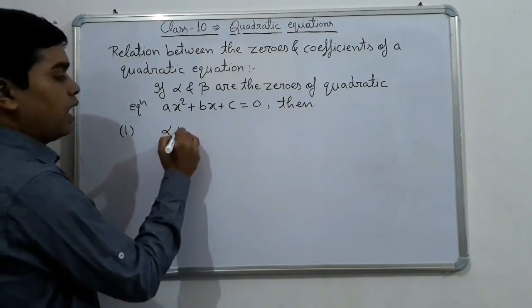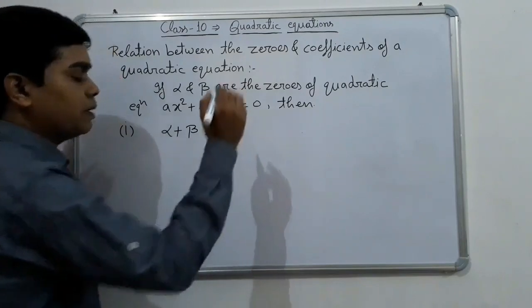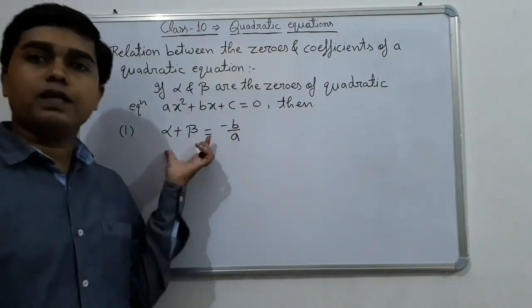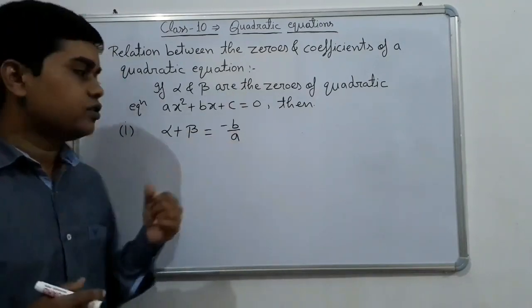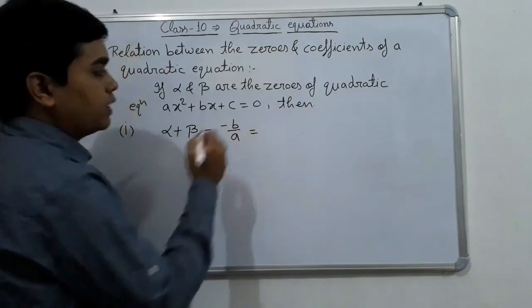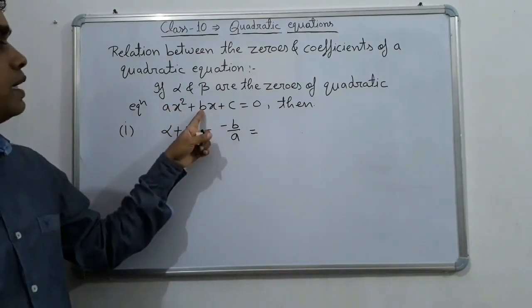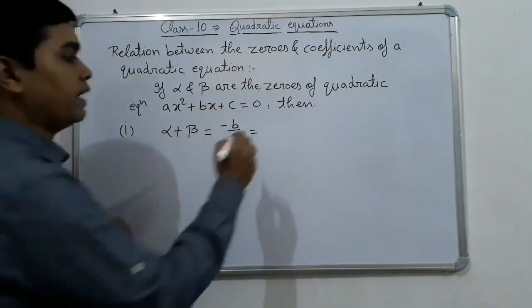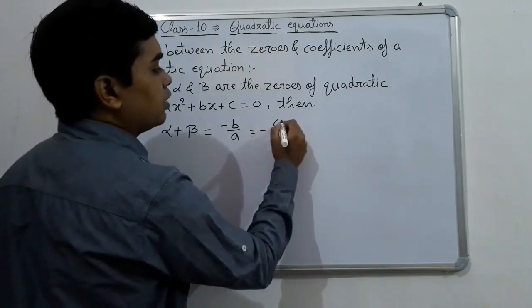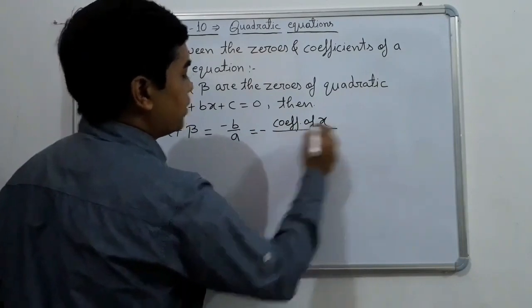First is alpha plus beta is equal to minus b upon a. Alpha plus beta means sum of the zeros. So sum of zeros is equal to minus b upon a. So what is b here? See, in this quadratic equation, b is coefficient of x. So you can write here minus coefficient of x upon a.